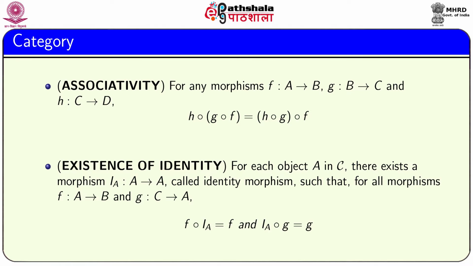Secondly, existence of identity, which says that for each object A in the category C, there exists a specific morphism I_A which satisfies the following conditions: when f is taken from Hom(A,B) and g is taken from Hom(C,A), then f∘I_A is equal to f and I_A∘g is equal to g.